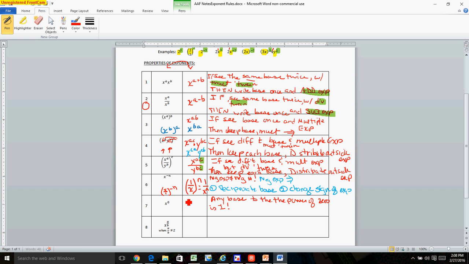Remember, if you have, for instance, x to the a over x to the a, isn't that x to the a minus a, which is x to the 0? But what is anything over itself supposed to be? 1. So that's why x to the 0 has to be 1.